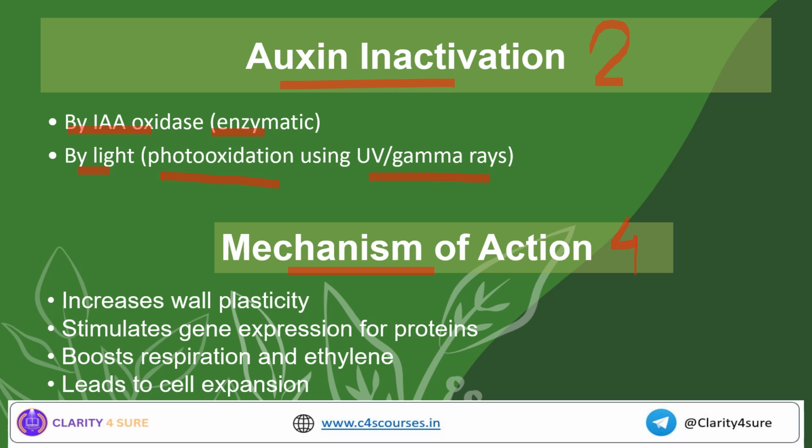So how auxin reacts in a plant, or how it conducts its mode of action, is that first it increases the wall plasticity.